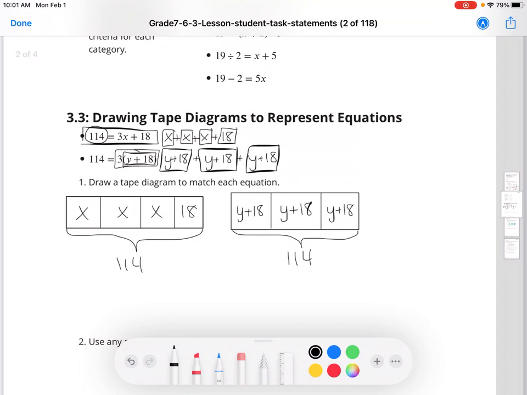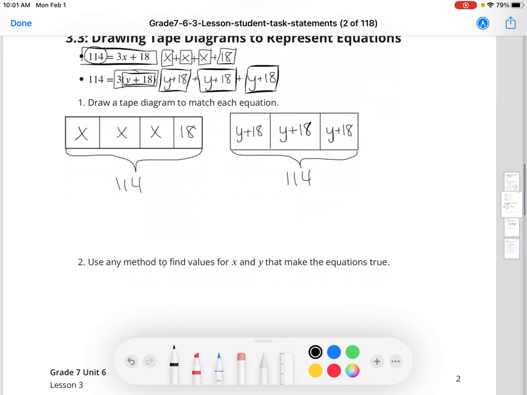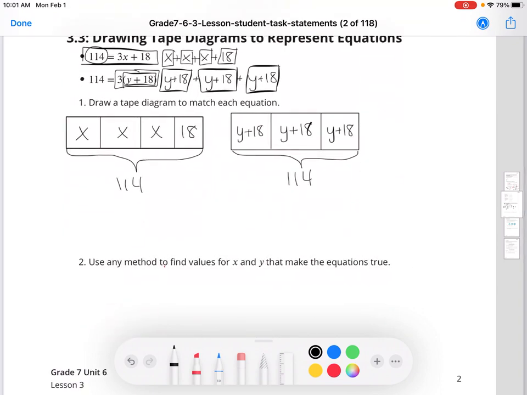So we have 2 different diagrams that both add up to equal the same thing. And on number 2, we're going to find the values for x and y that would make these equations true. And you can use any method. So let's look at the first equation.